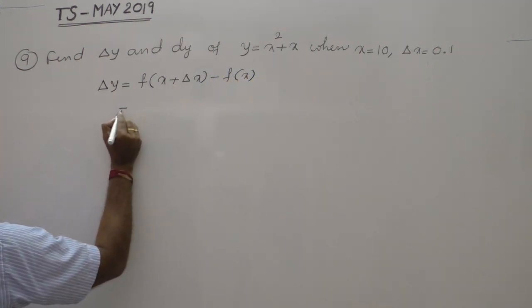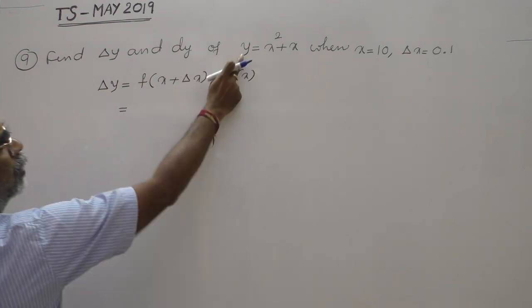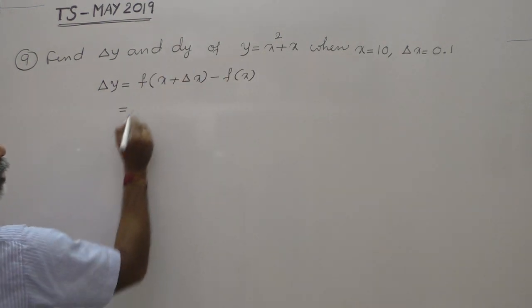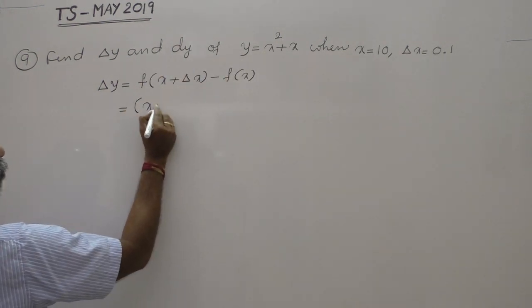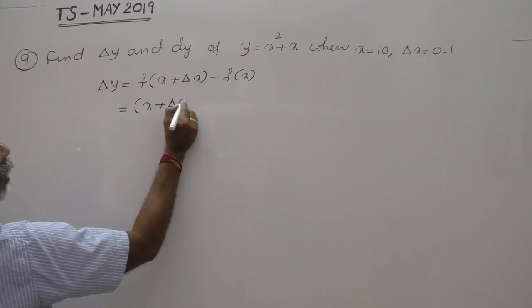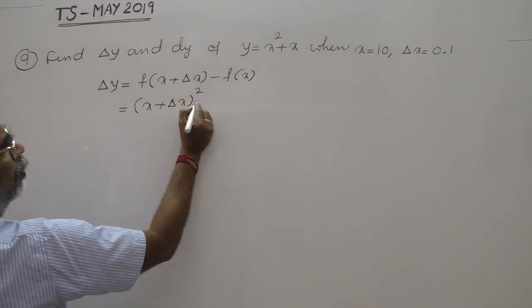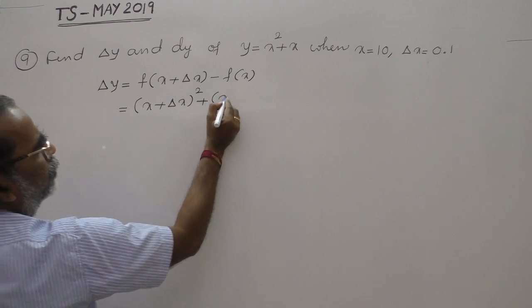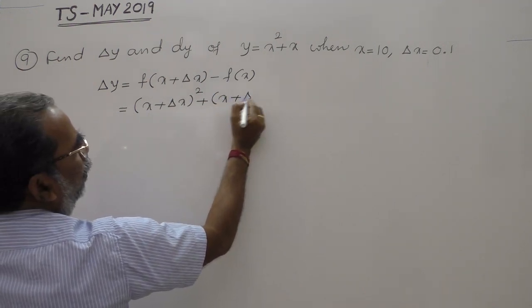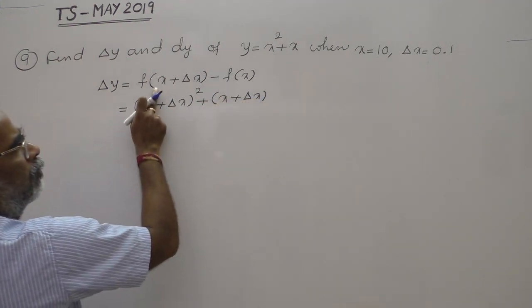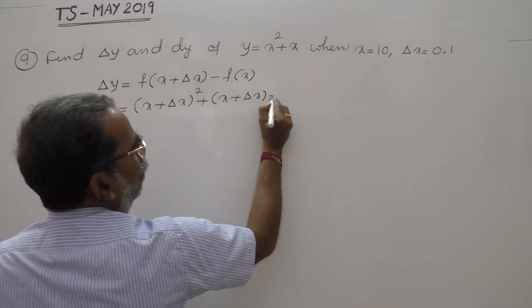What is f of x plus delta x? This function y is nothing but f of x. So in place of x you write x plus delta x. Plus x is there. x is what? x plus delta x. This is f of x plus delta x.